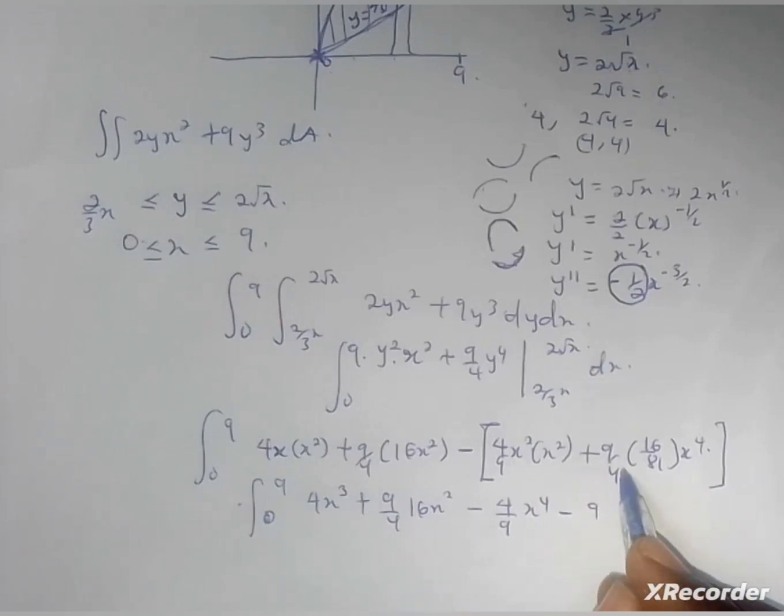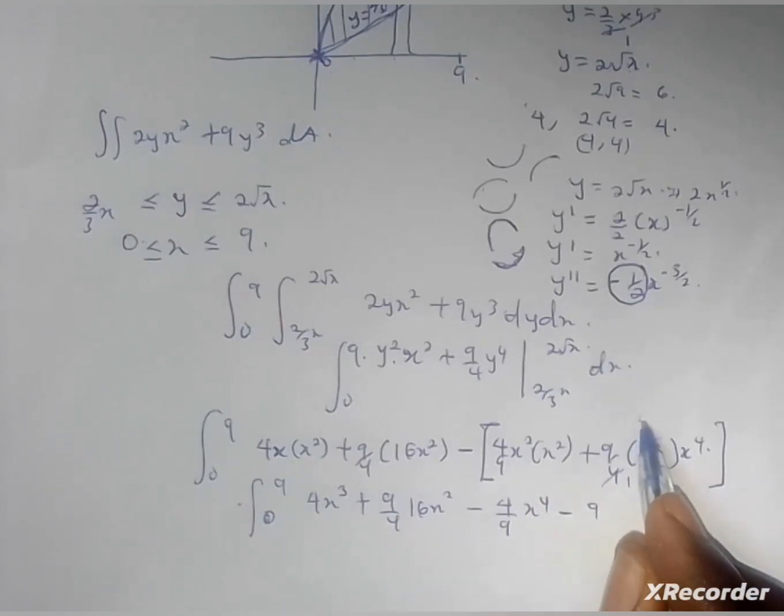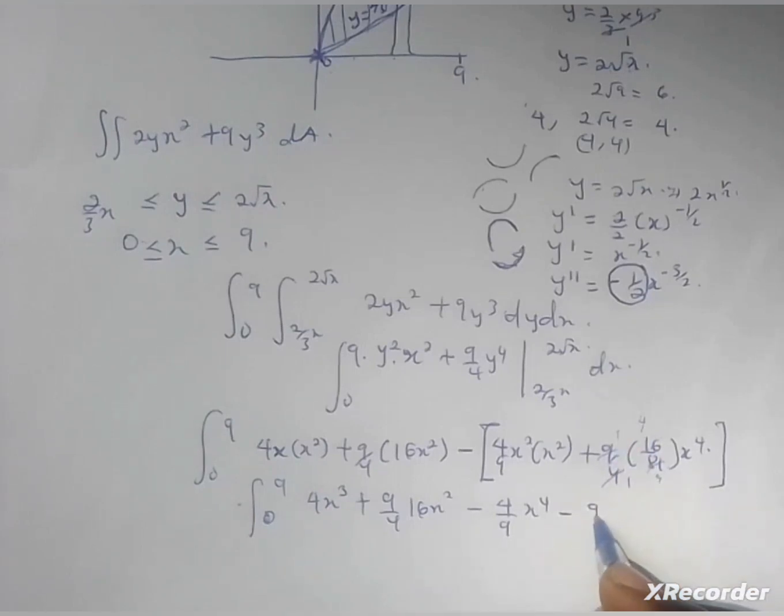So here, let's see, 4 will go into itself 1 and go here 4. 9 will go here 1 and go here 9. So I'll still get 4 over 9. So 4 over 9, right? Yes. So 4 over 9 x to the power 4, like this.